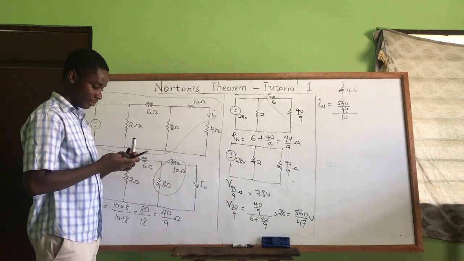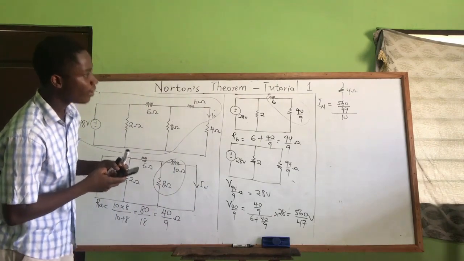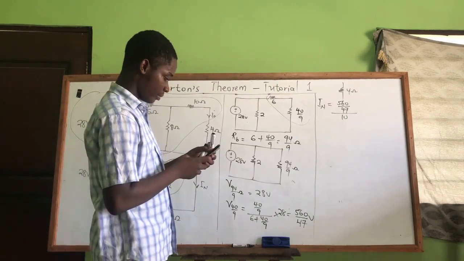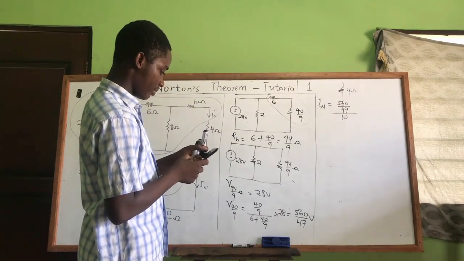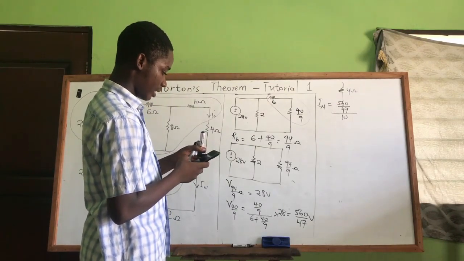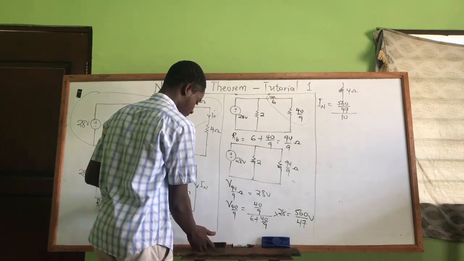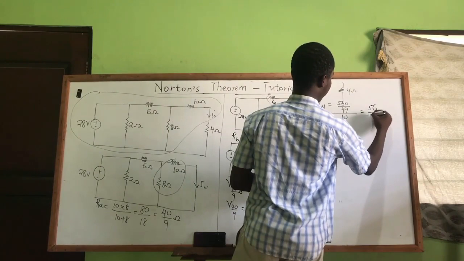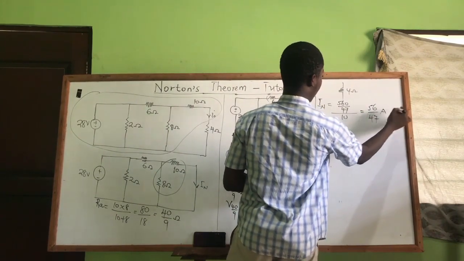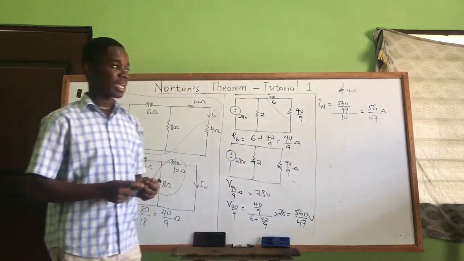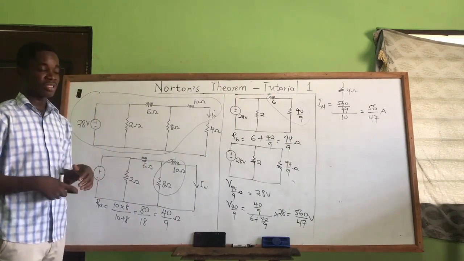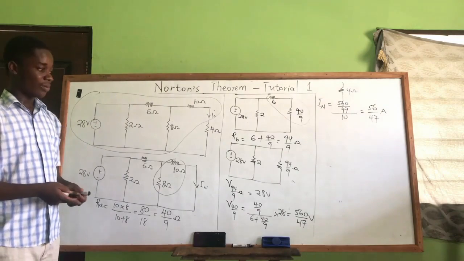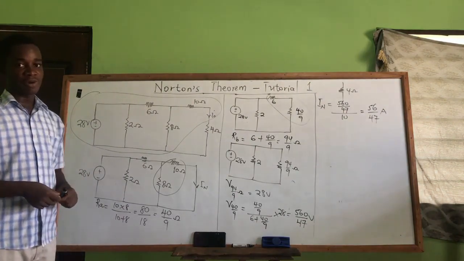So we have 560/47 divided by 10, and that one is 56/47 amperes. So our Norton's current IN is equal to what? 56/47 amperes.